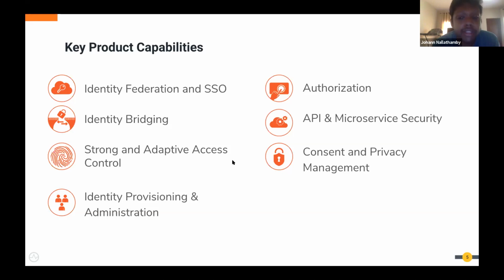And at any point, the user should be able to go and review his consents, and also be able to revoke these consents if he believes the application is misusing his consent. So this is an overall, brief overview of the features in the product.